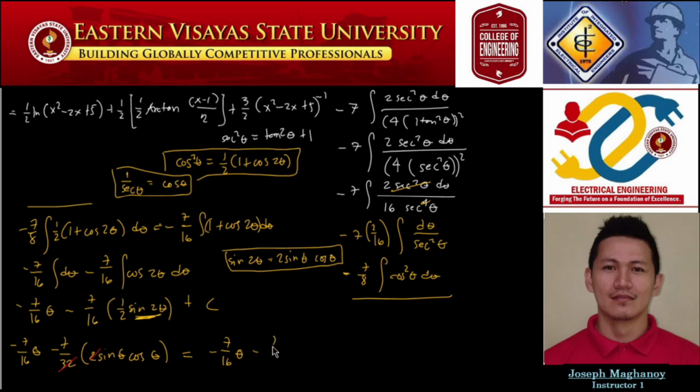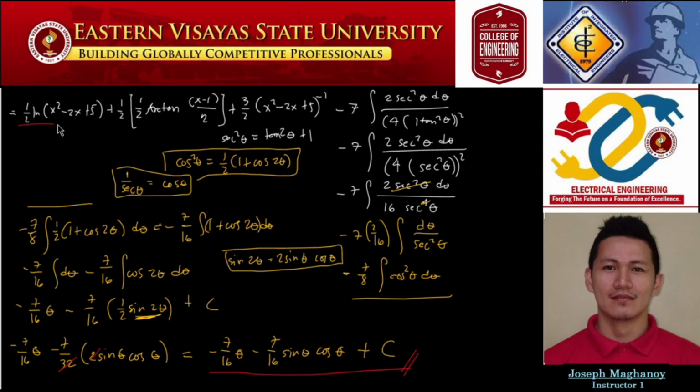So 7 over 16 sine theta cosine theta plus c. So that is your answer for your fourth term.